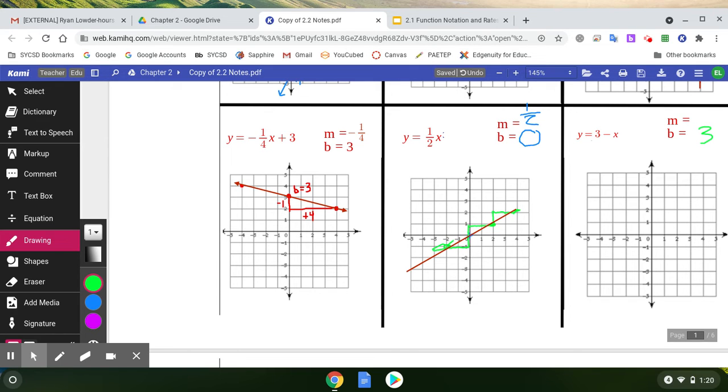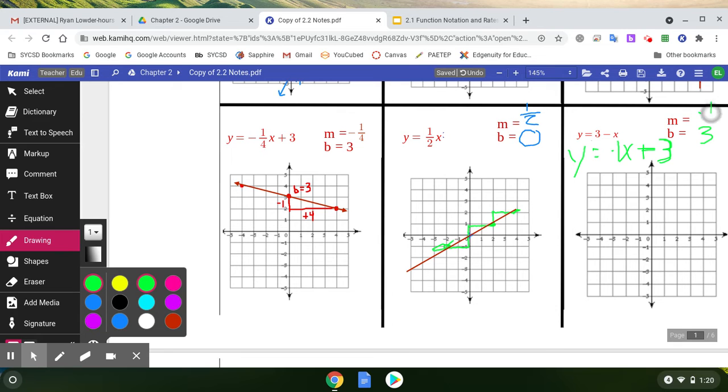If you think about it, another way to write this equation would be y equals negative x plus 3. And there it's a little bit more clear to see that's where our b value comes from. We also have to recognize that this negative x really means negative 1x. And therefore, our slope or our rate of change is negative 1.